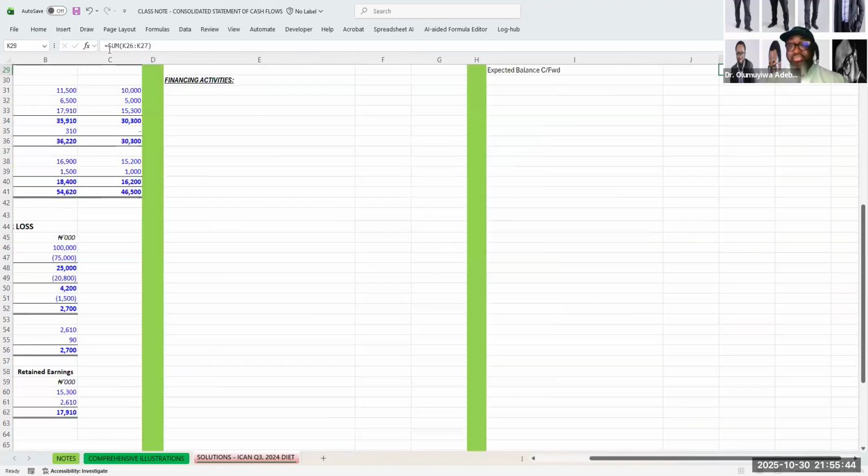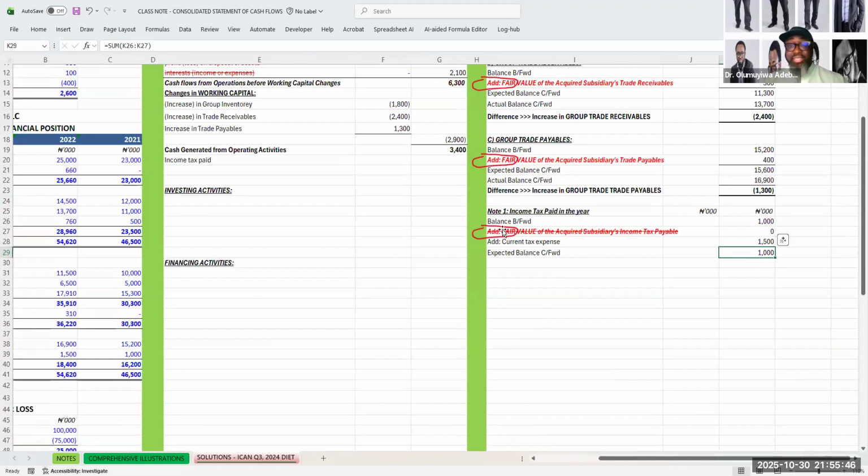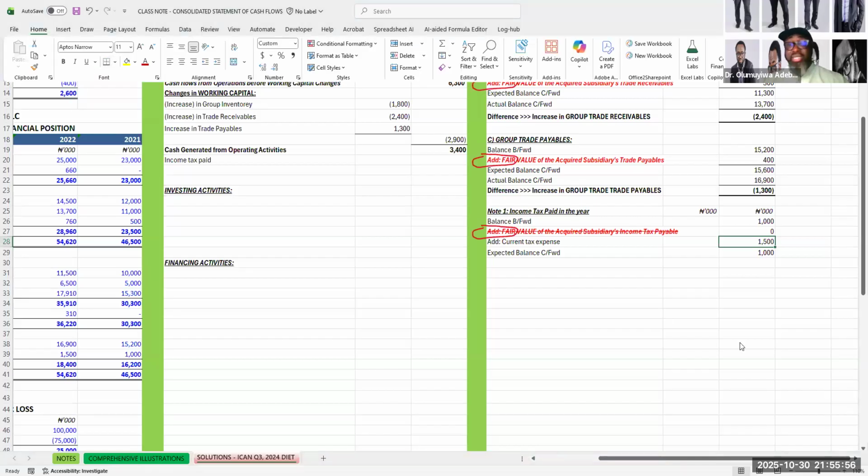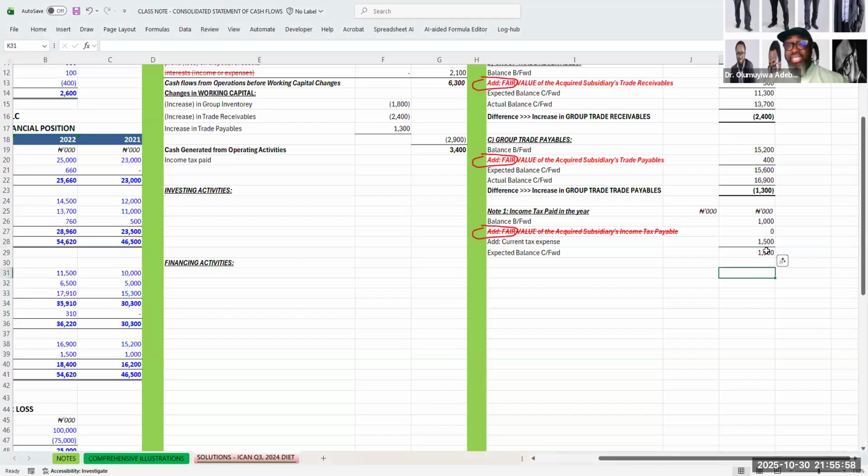And mind the negative, the principal year is my tax payable to FRS will increase if I have additional tax in that year, which means if I've not paid my opening balance and I'm still having additional tax, my expected balance will increase from 1,000 to 2,500.